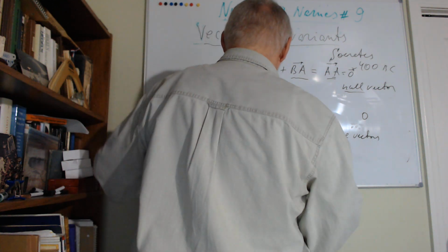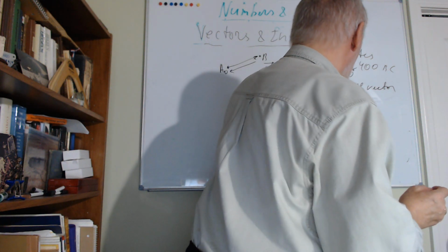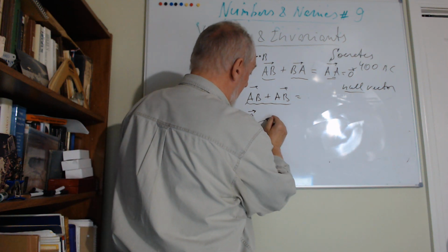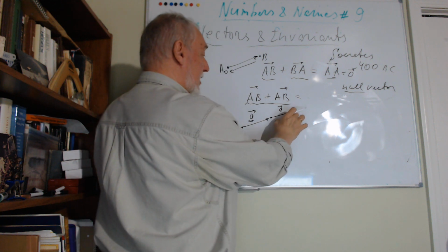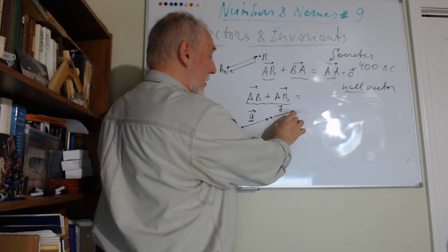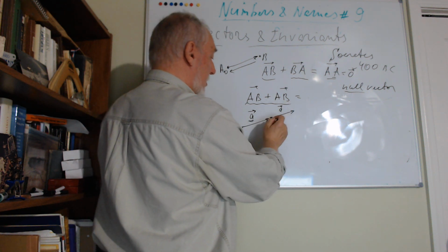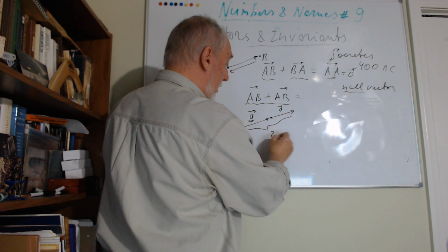And then, if you want to add it to itself, you move this vector here, like this, so it has the same direction and the same length, the same value. In this case, if you do that, it looks like 2A.